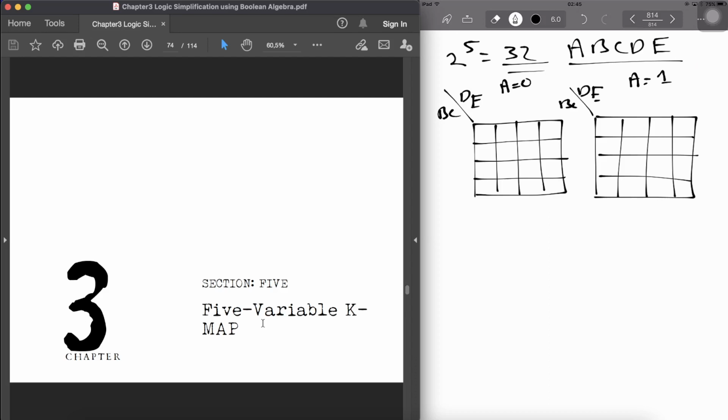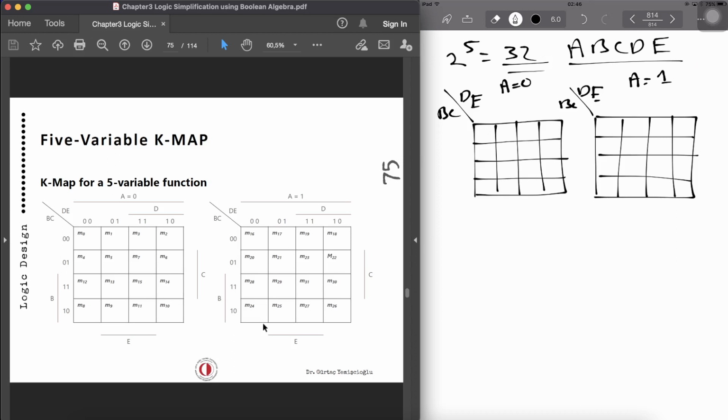And you can have all the minterms like we have in the 4-variable map: 0, 1, 2, 3, 4, 5, 6, 7, 8, 9, 10, 11, 12, 13, 14, and 15.